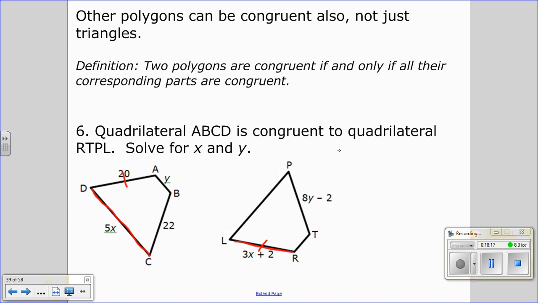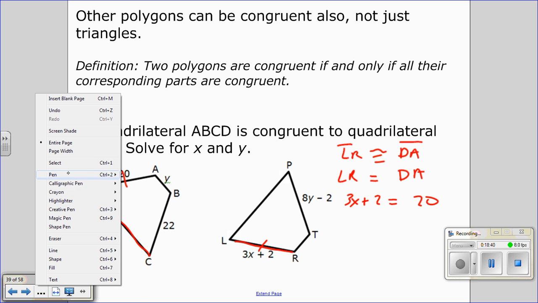So that helps a whole lot. So that means LR is equal to DA. So that means 3x plus 2 is equal to 20. Now you can finish the problem and solve for x.